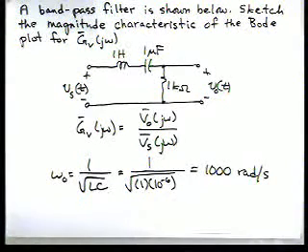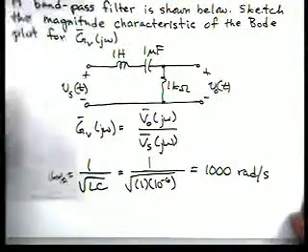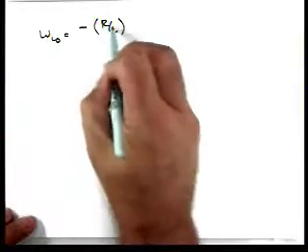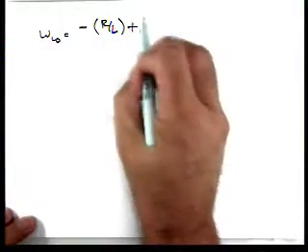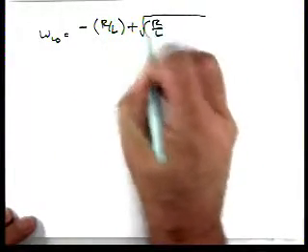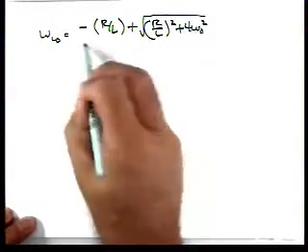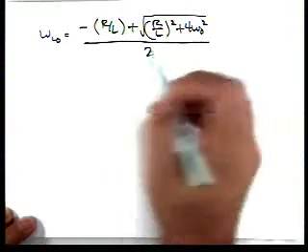Now let's calculate the two half-power frequencies. For instance, one of them from the textbook is minus R over L plus the square root of (R over L) squared plus 4 omega naught squared, all over 2.